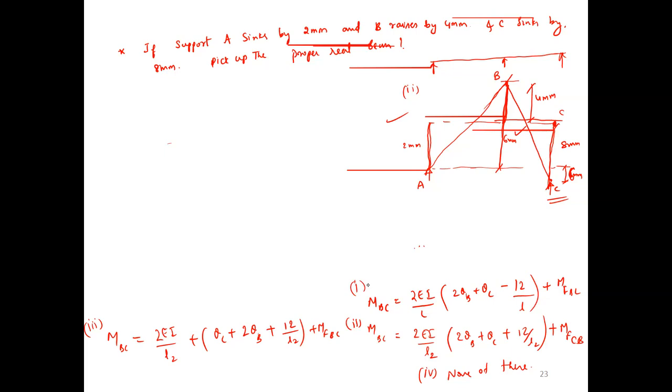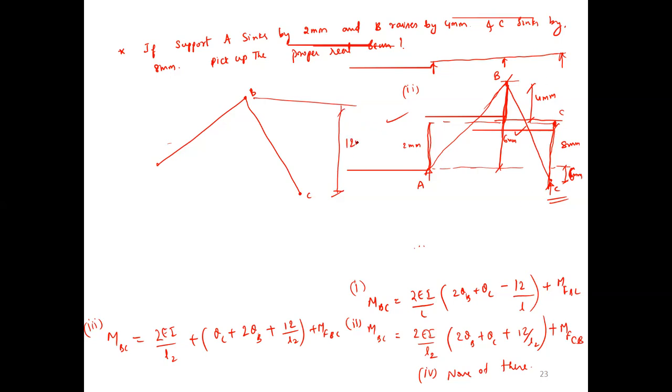None of this? See, you have to think, right? I have given BC, so take the BC only. B and C. What is the total height? 12 mm. This is 4 plus 8.